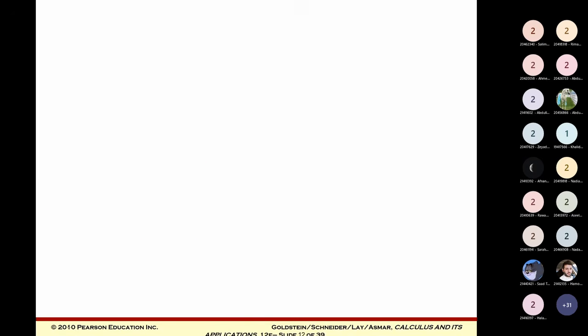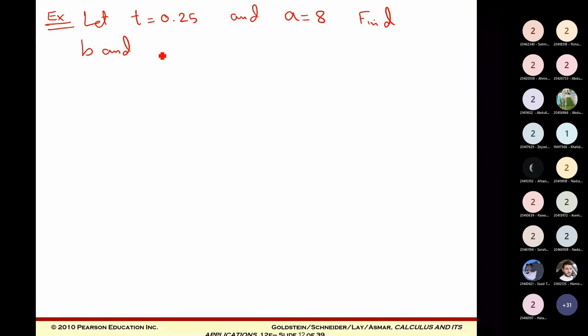Okay, another example. Let T equal 0.25 and A equal 8. Find the value of B and C in the right triangle.